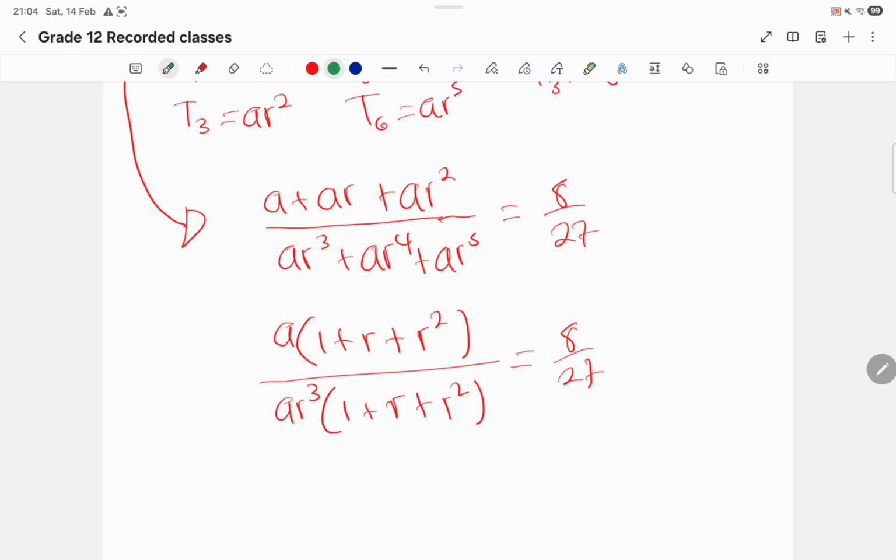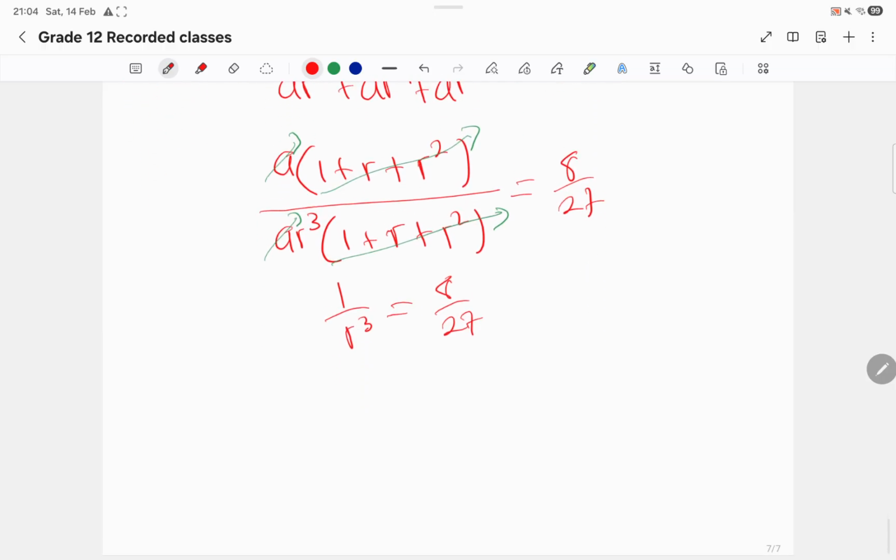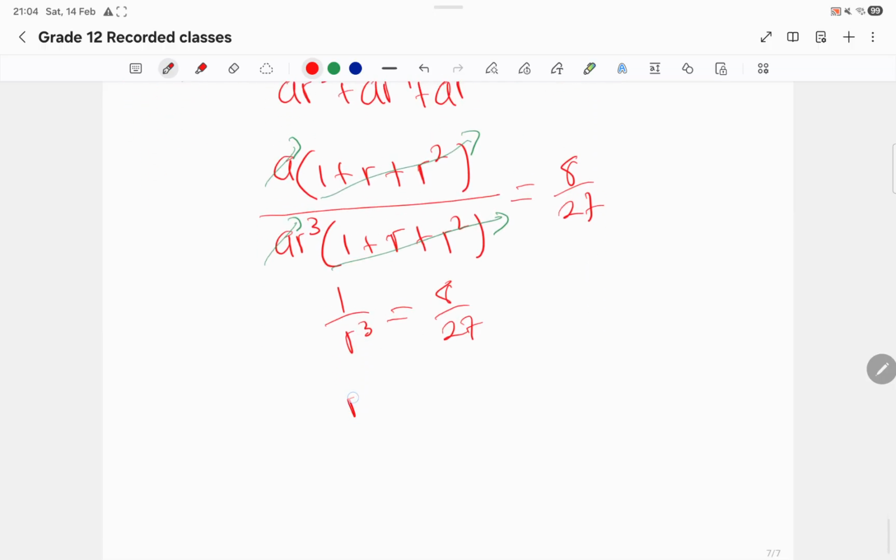So look at what happens here. This term will cancel with this term, and also the A here will cancel with the A here. So now you just have 1/R cube equals 8/27. And then you reciprocate this. So this means that your R cube over 1 will be equal to 27/8.